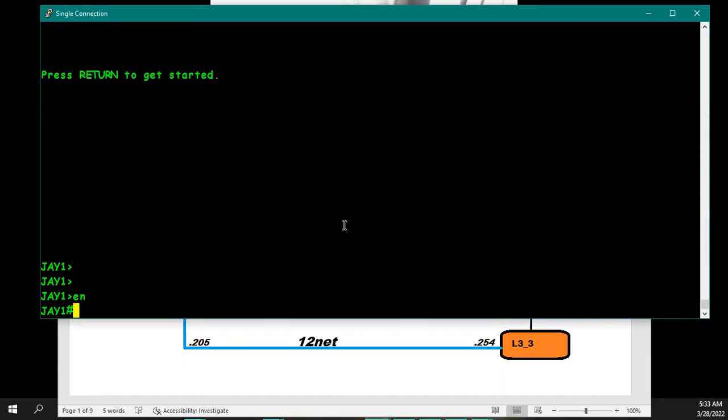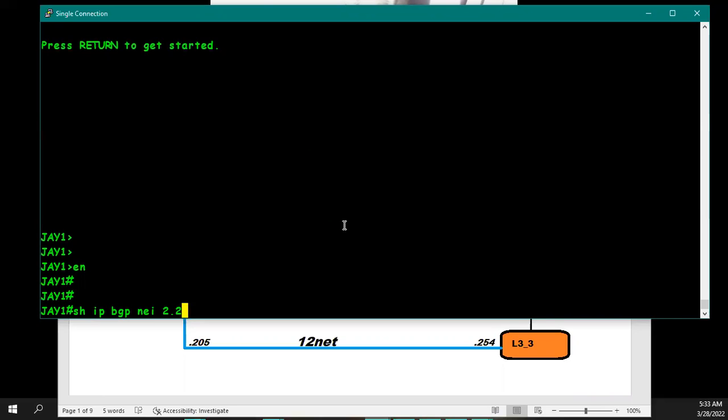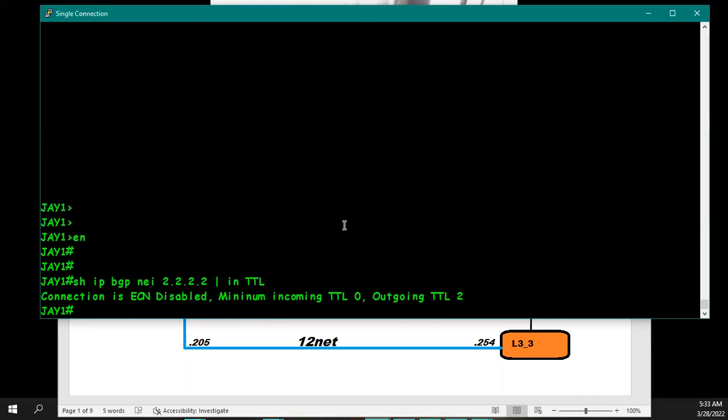So this is an external speaker, and I'm going to go show IP BGP neighbor, and our neighbor here is going to be 22222. We want to pipe that to see the TTL.